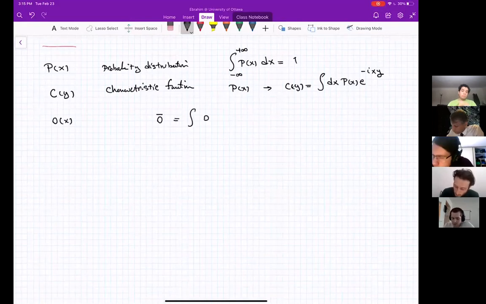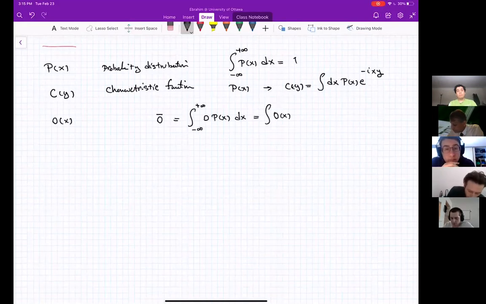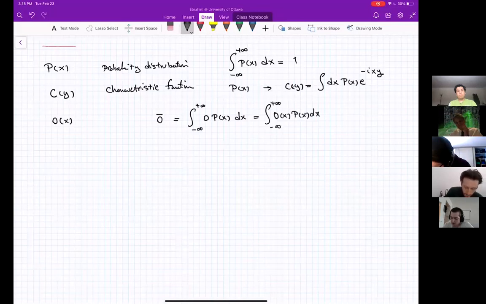Integral of O P(x) dx, or essentially, let's be a little bit careful with the notation that we use. Integral of O(x) P(x) dx from -infinity to +infinity.